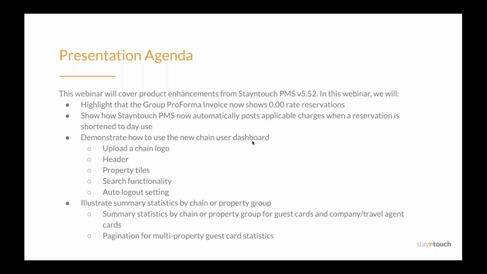We'll also illustrate summary statistics by chain or property group, which includes summary statistics for guest cards and company and travel agent cards, as well as pagination for multi-property guest card statistics.